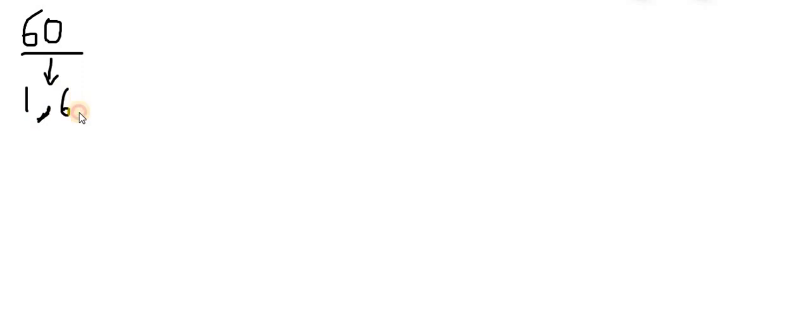Okay, now 60 ends in 0, so 2 is a factor because that 0 is an even number. Because it ends in 0, 5 and 10 are also factors. Okay, so I just need to find what connects to 2. So I go 60 divided by 2.